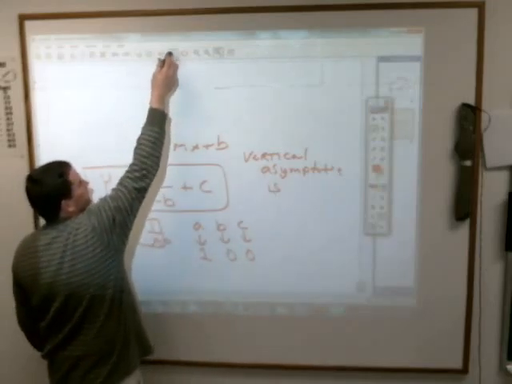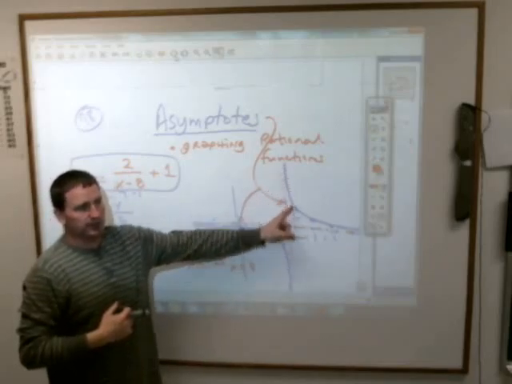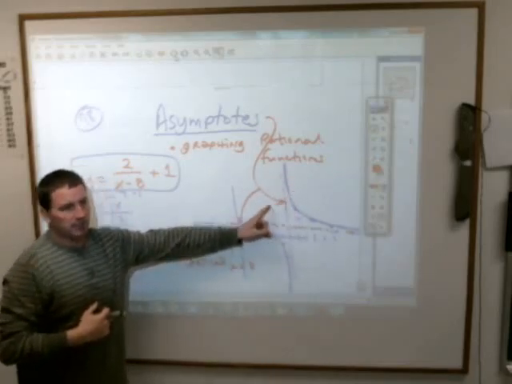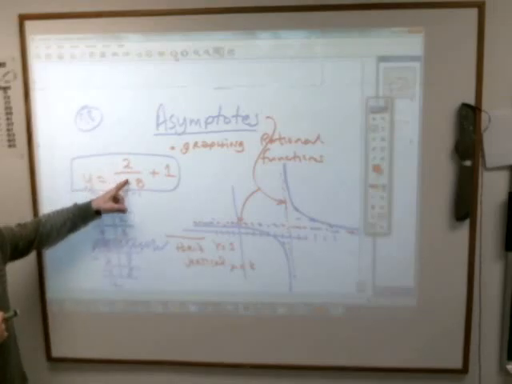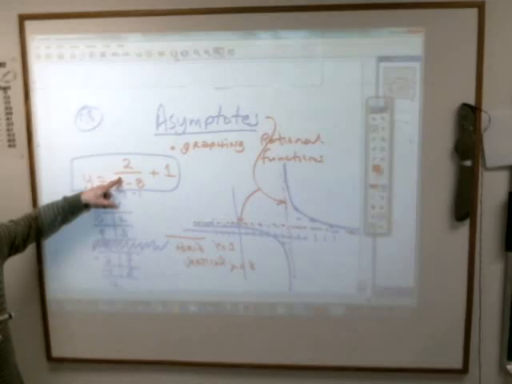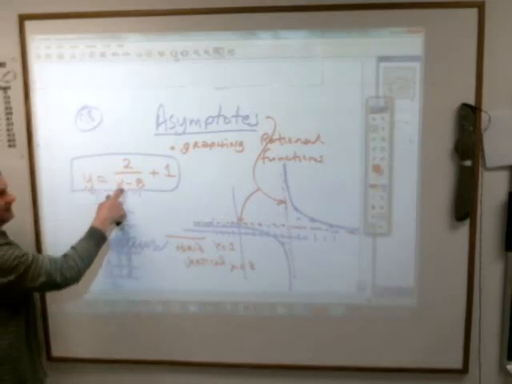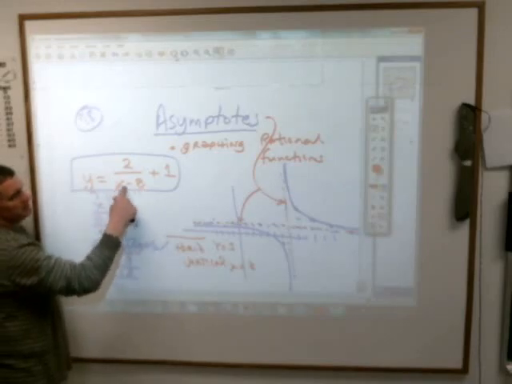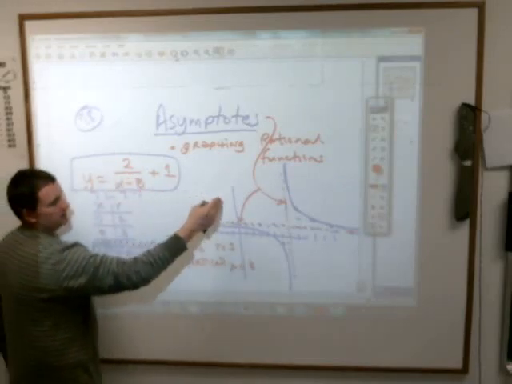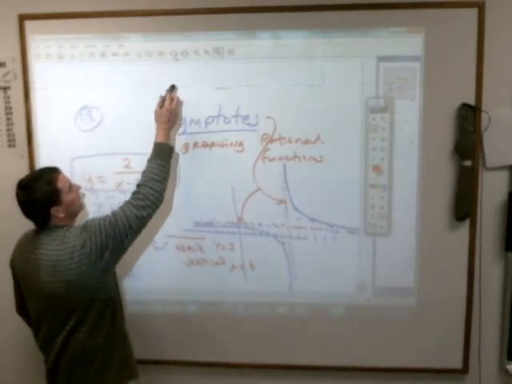The vertical asymptote here was where x was 8. Why? Because 8 made this fraction undefined, because you can't have a 0 on the bottom of the fraction. So whatever number x is that makes the bottom 0 is going to be the vertical up and down line that the graph will come close to.